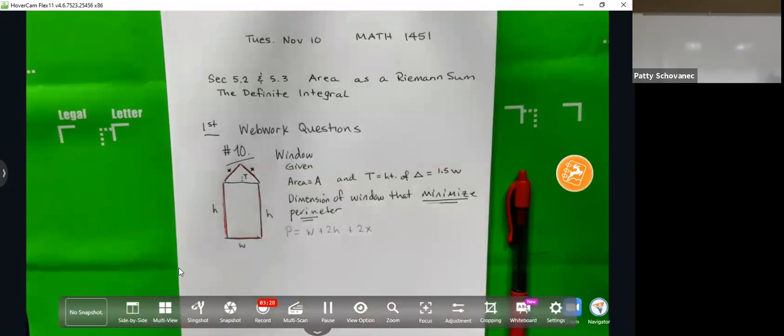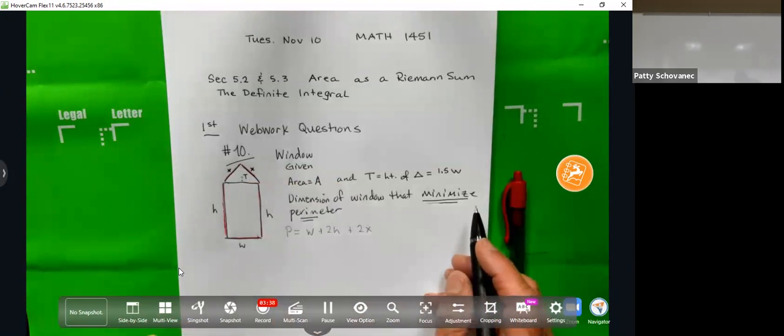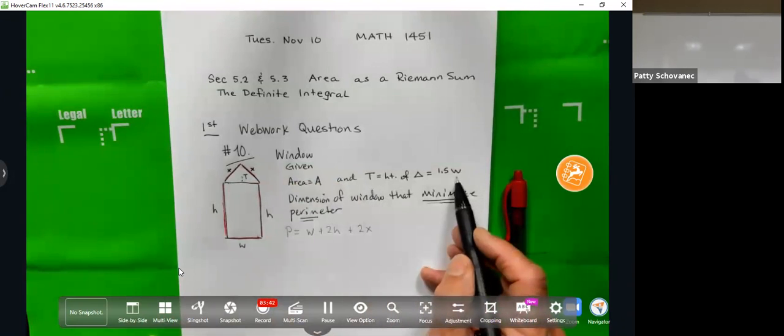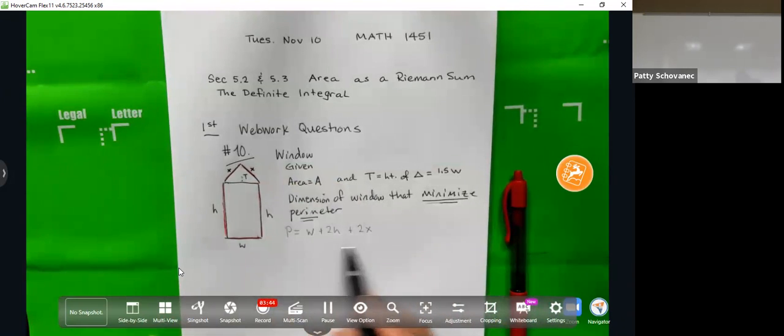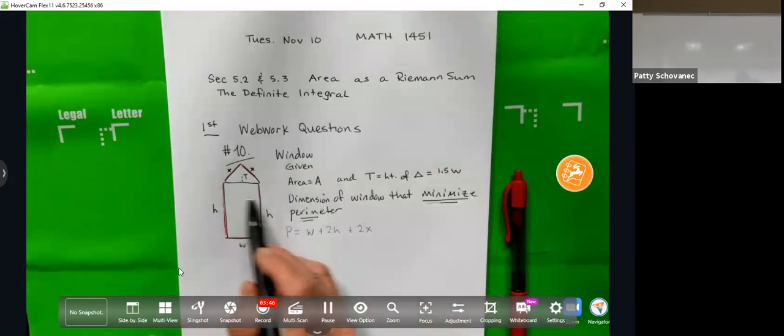And what we would like to do is get that objective function in terms of only one variable. So one thing we can do is, let's see. Well, I can't do anything with T and W yet because I don't have a T in here. Let's go back up in here.